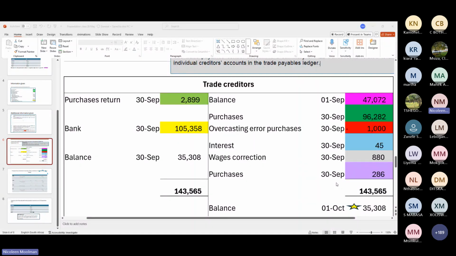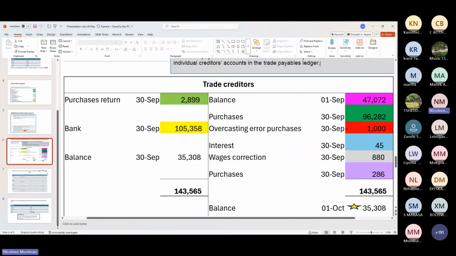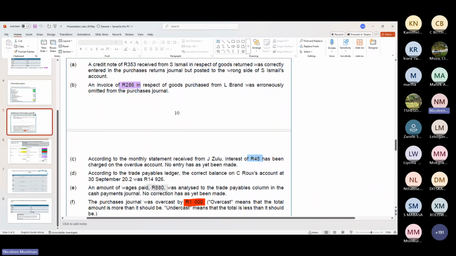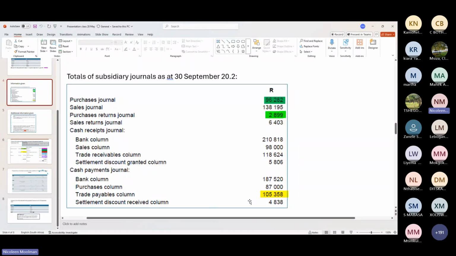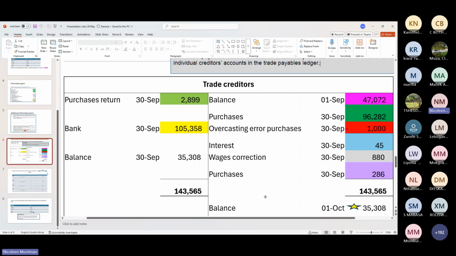And then I see someone else said, please explain the wage transaction again. So the wages, let us go back to the wages. An amount of wages paid, 880, was analyzed to the trade payables column in the cash payments journal. Okay, so what they said here, let us just go back to this. In this number here, the 105,358, there's wages included there of 880 rand.